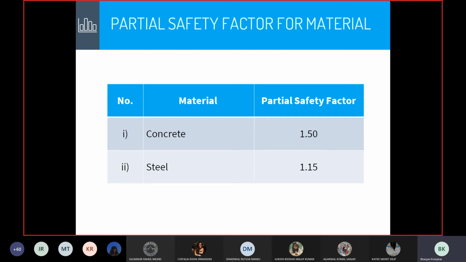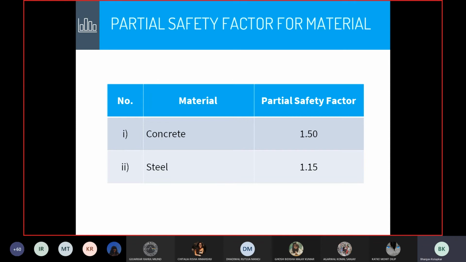In the last semester, we looked at gamma M0, gamma M1, and so on. These partial safety factors were based on a single material: the element was steel, the bolts were steel, and the welding material was also metal. Everything was the same, so we did not have different partial safety factors because there was a single material. The partial safety factors were based on how it fails.